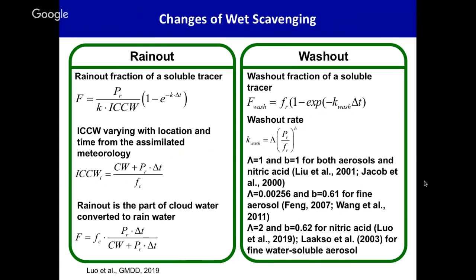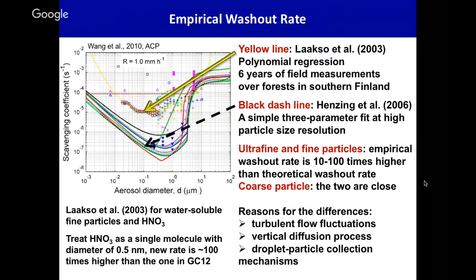nitric acid washout. And this shows a picture from Wang's work. It shows the different washout rates from the observation and from theoretical calculation. The marks are from the observation, and the lines are from the theoretical calculation.